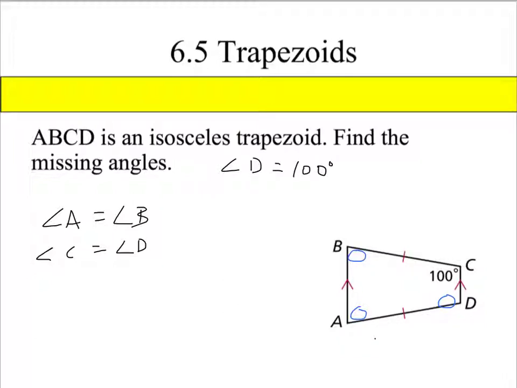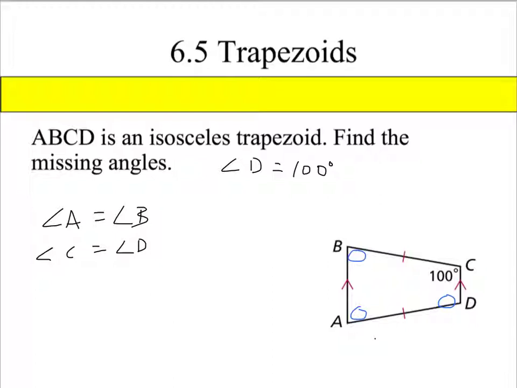How do we know that? Well, angle C is 100 degrees, and angle D is equal to angle C. So, finish that one. Now we have B and A. We know that both of them are going to be equal to each other, meaning they are the exact same measure. We also know from a previous lesson, I believe 6.1, the quadrilateral interior angles theorem.